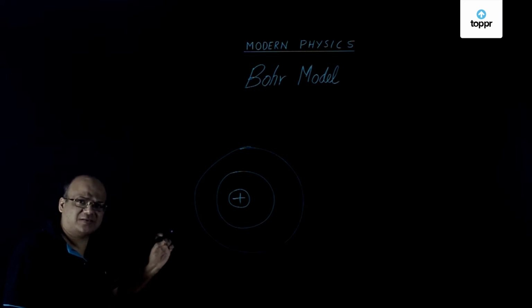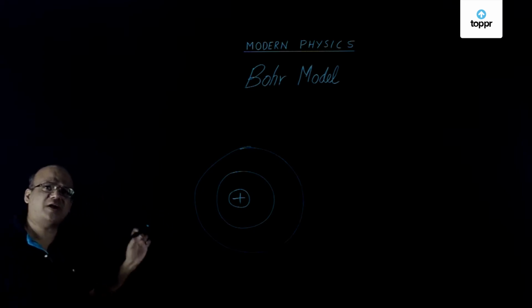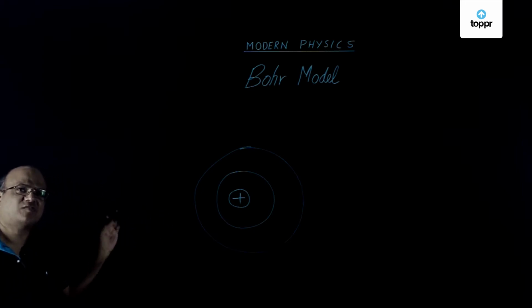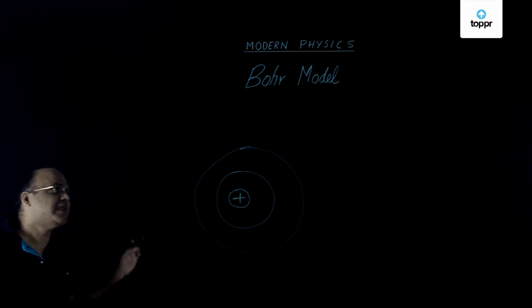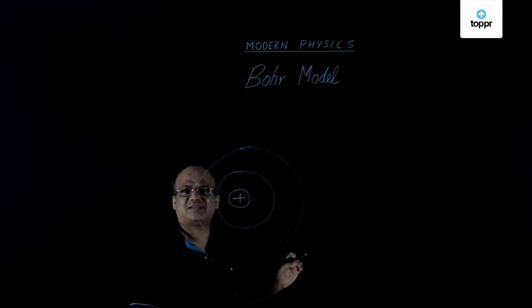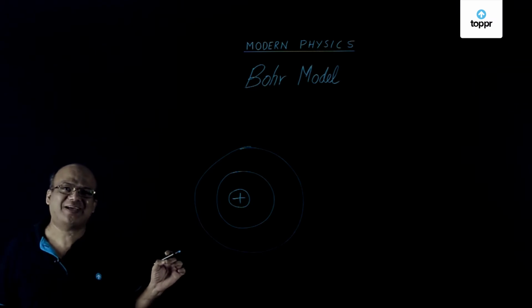Bohr found that the angular momentum of the electron is quantized. It can be only integral multiples of h by 2 pi.